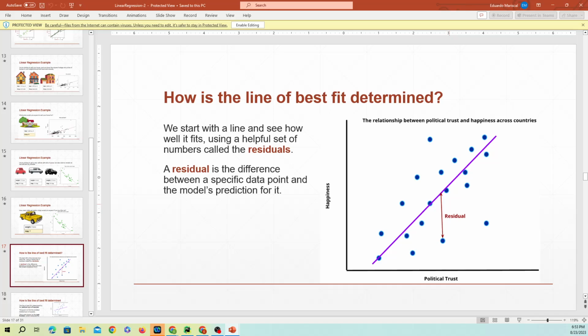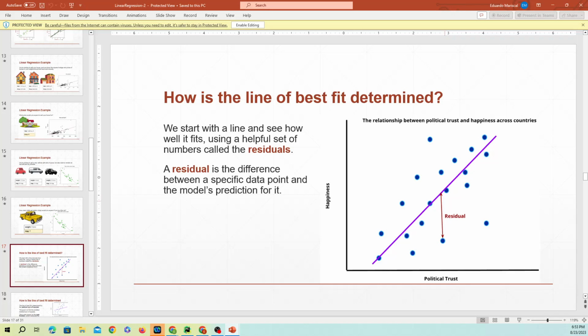It calculates the height, the y difference, squares it, and adds it together. Based on that information, it adjusts the line until it finds the line with the smallest sum of residuals.